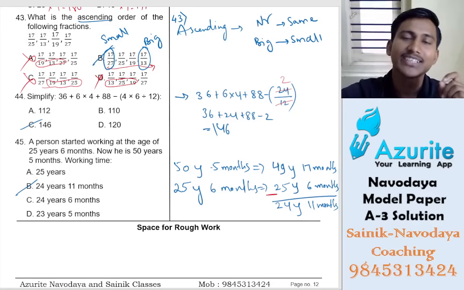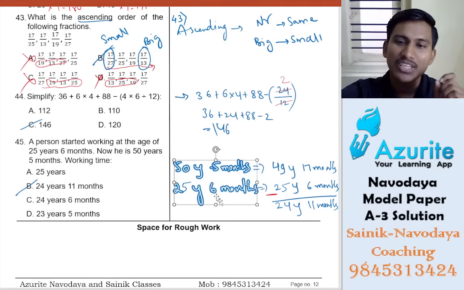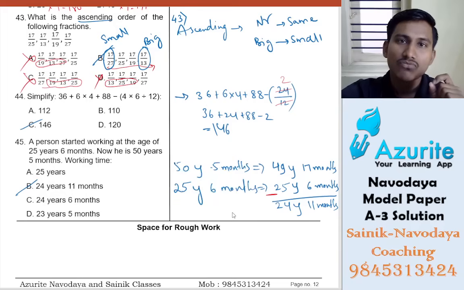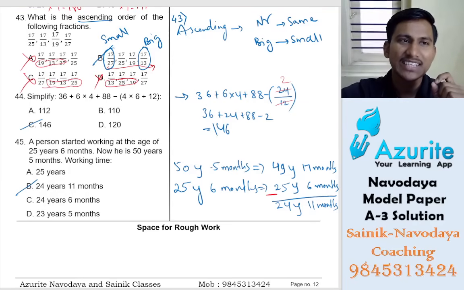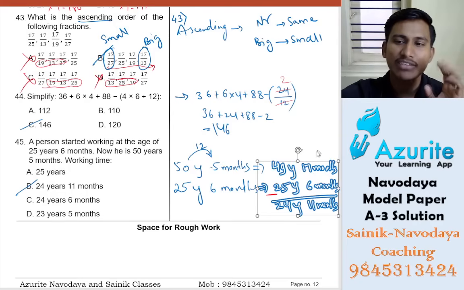We cannot minus 6 months from 5 months, right? So 1 year means 12 months. So you add 12 months here, or you can minus directly also. If you take 12 months here, 1 year will go, so 49 years and 12 plus 5, that is 17 months.